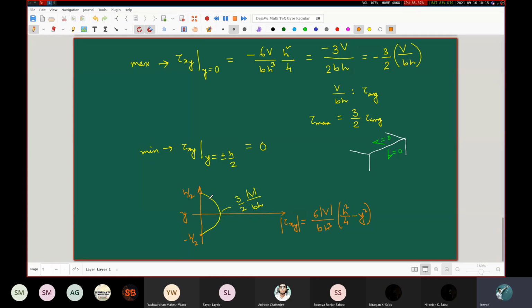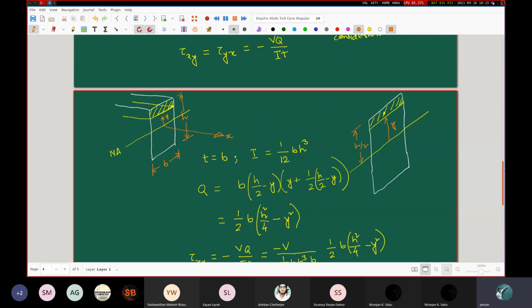So just like we have this kind of a parabolic distribution along the y direction, you should try to appreciate that along the z direction also. What I mean by z is that it is this direction. Remember that this is x, this is y, and along the neutral axis you will have the z.